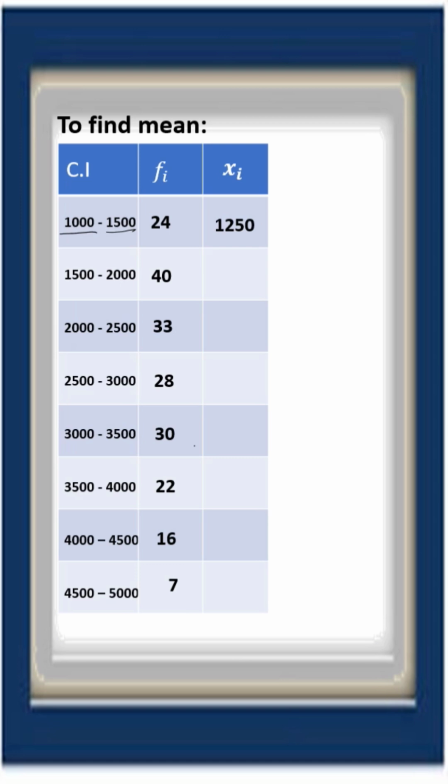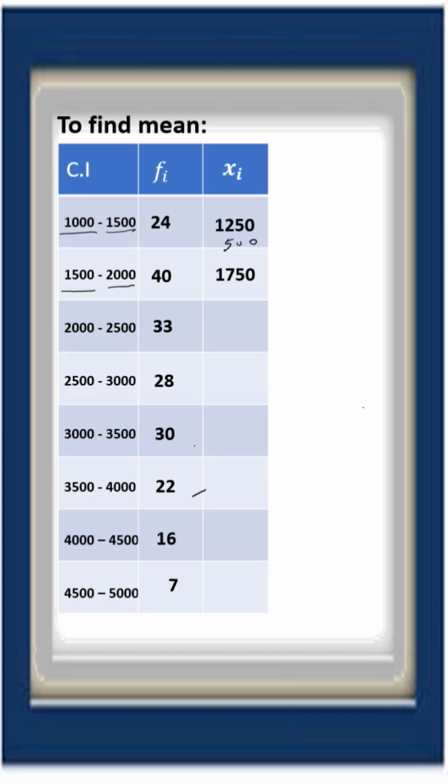The same process you can do for the next xi, or class mark, or midpoint. Add these two, 3500, isn't it? Divided by 2. But you can also add the class size, what is it? 500 to this one, and you will get the next class mark, that is 1750.